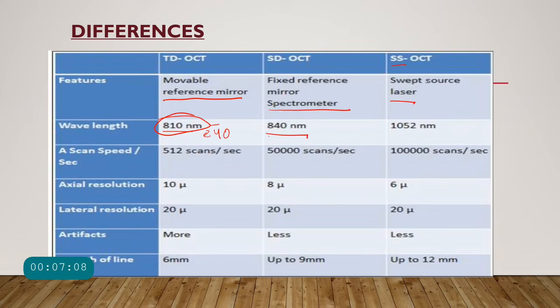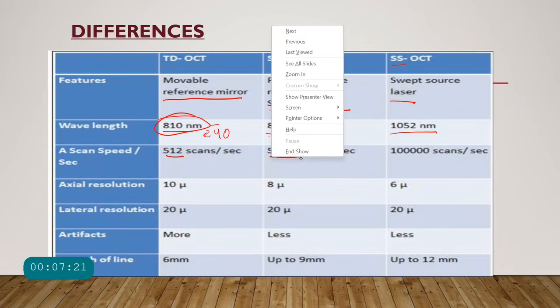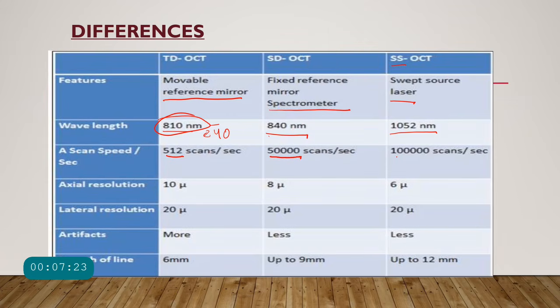Spectral domain 840. This is about 1052, or 1050. The scans also are given differently in different books. This is about in hundreds, this is about in 10,000s, and this will be in about lakhs. So there are lakhs of scans, or 100,000 scans per second.